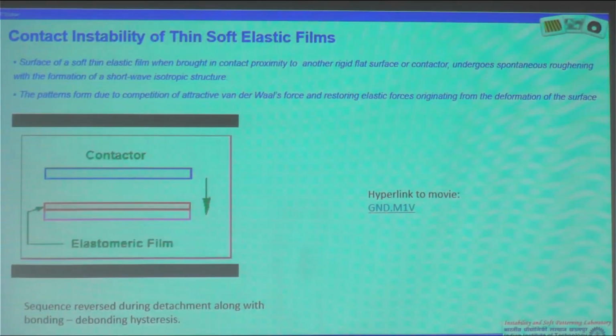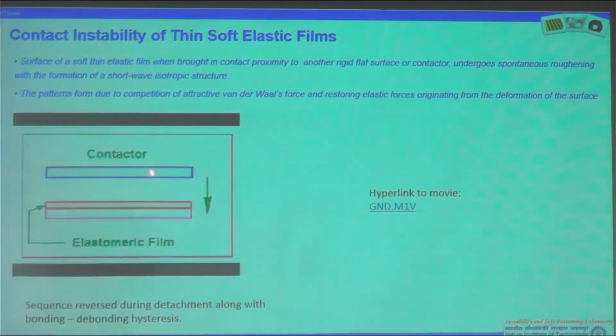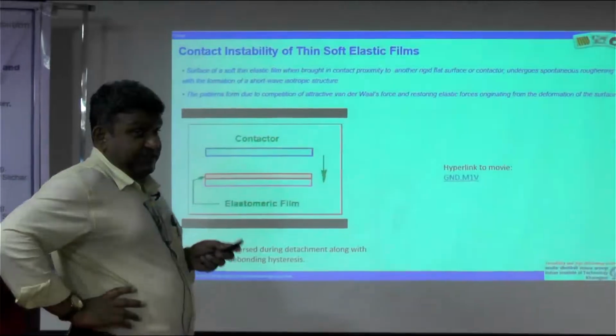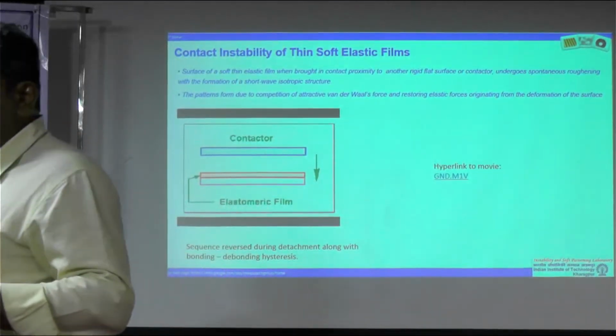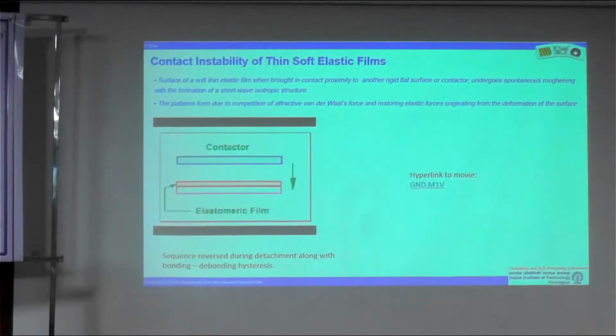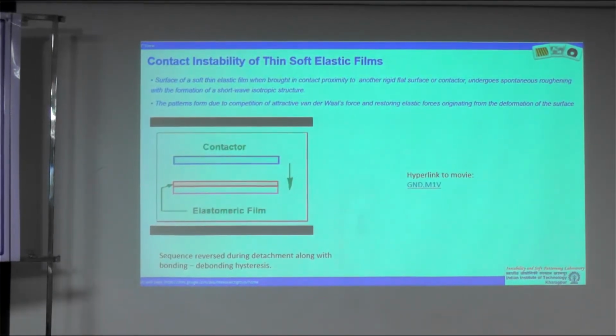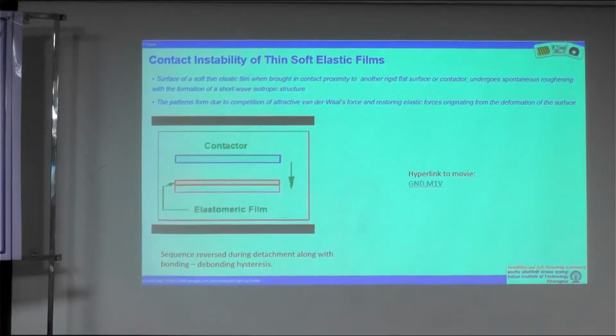So what is happening is you have an elastic film and a rigid surface approaches it, right? Now what you know, because in the morning we also talked about it, as the two surfaces come very close to each other, there is active van der Waals interaction, right?